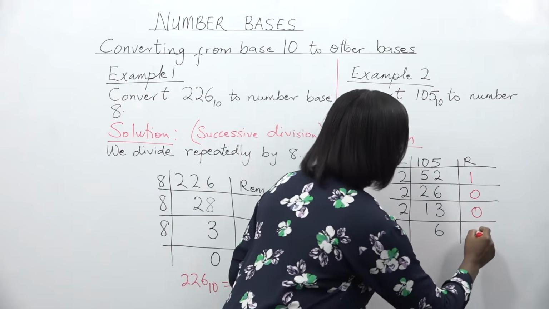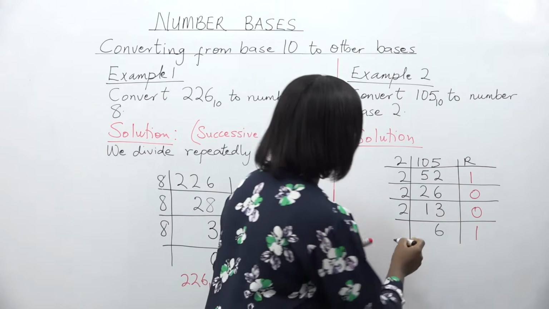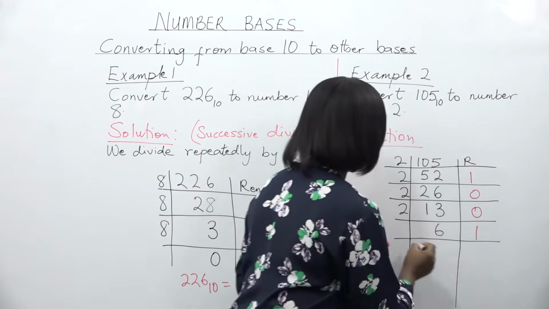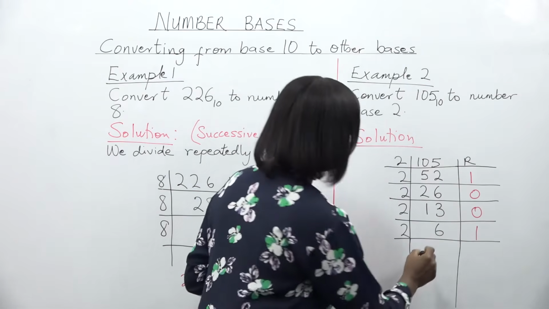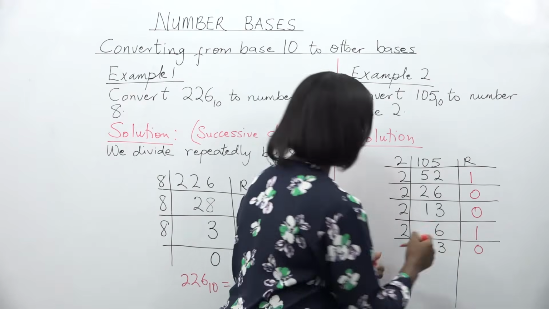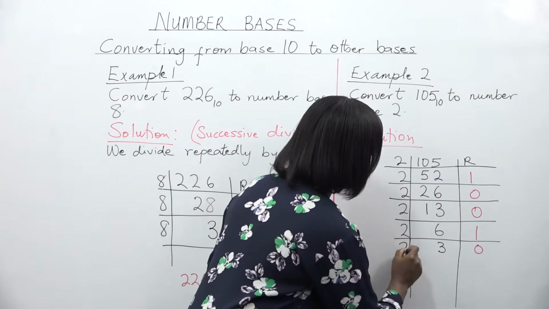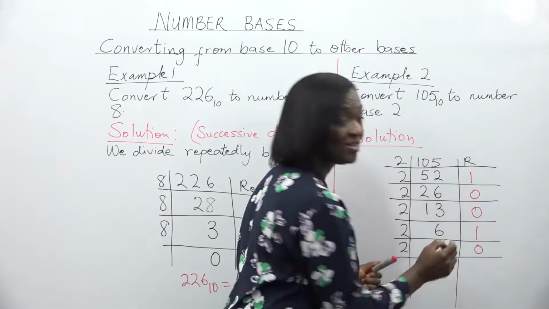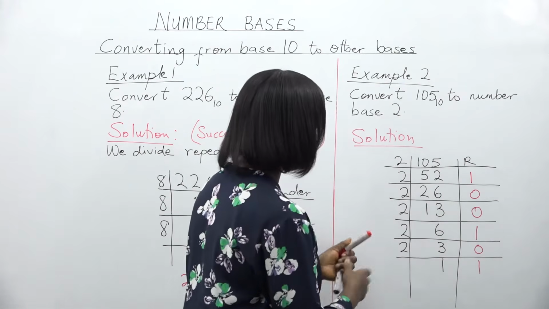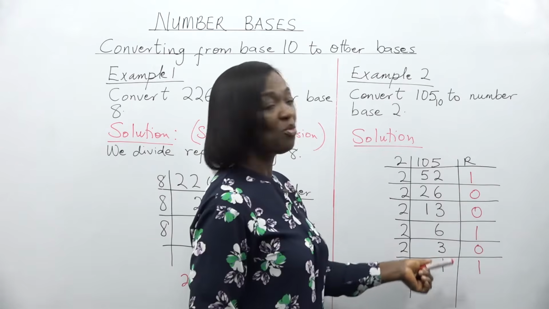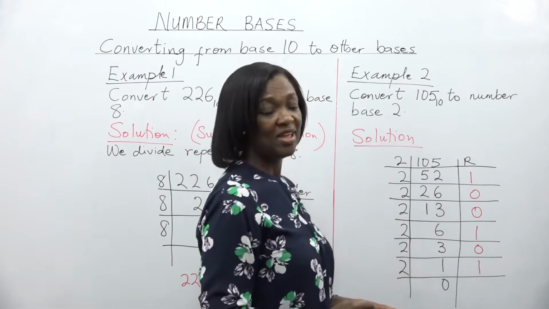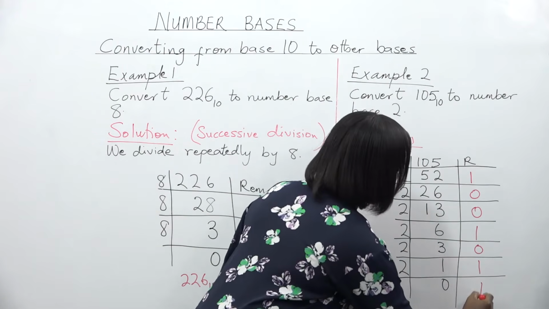So this time the remainder is 1. 2 into 6 is 3, and the remainder is 0. 2 into 3 is 1, and the remainder is 1. And then 2 into 1 is 0, and the remainder is 1.